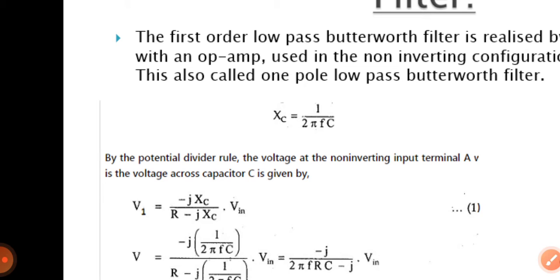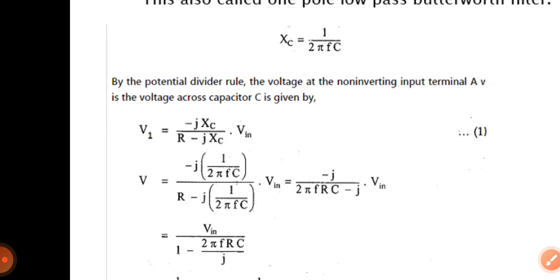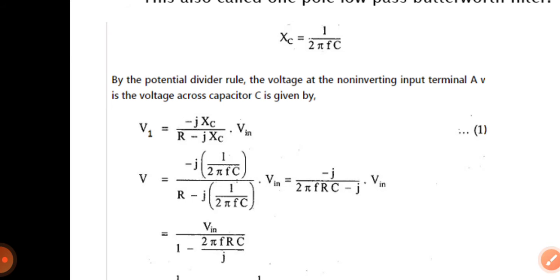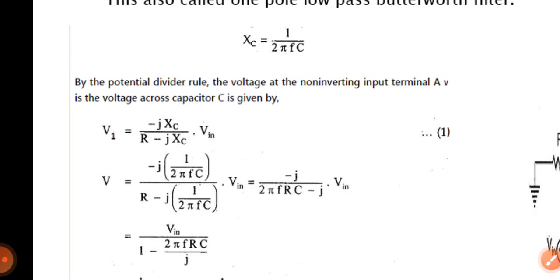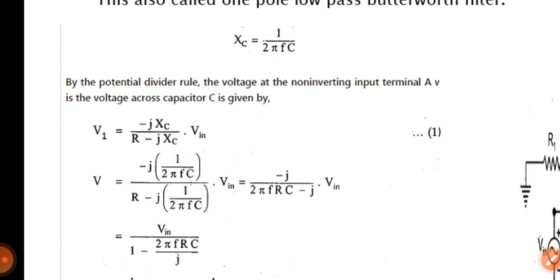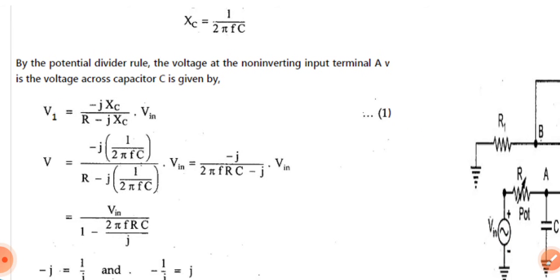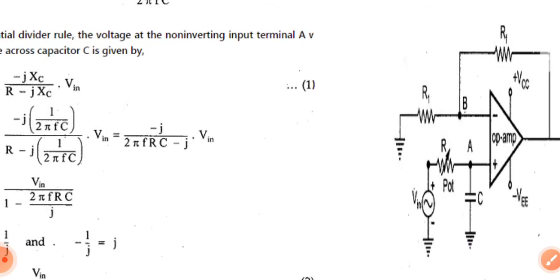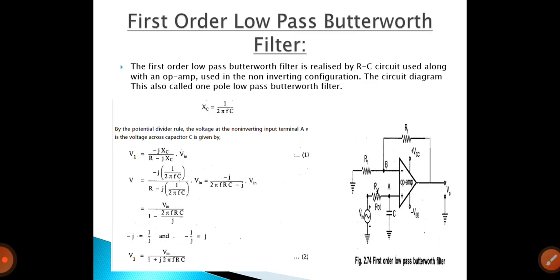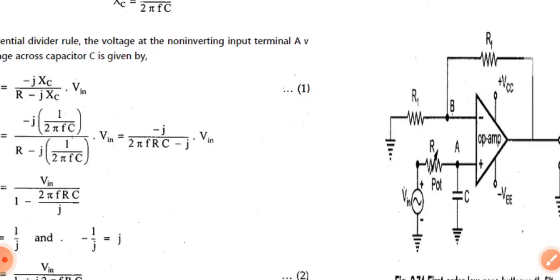F is the frequency, C is the capacitance value, right? By the potential divider rule, the voltage divider rule, the voltage at the non-inverting terminal input, which is the voltage across the capacitor C, is given by V1 equals, this is V1.